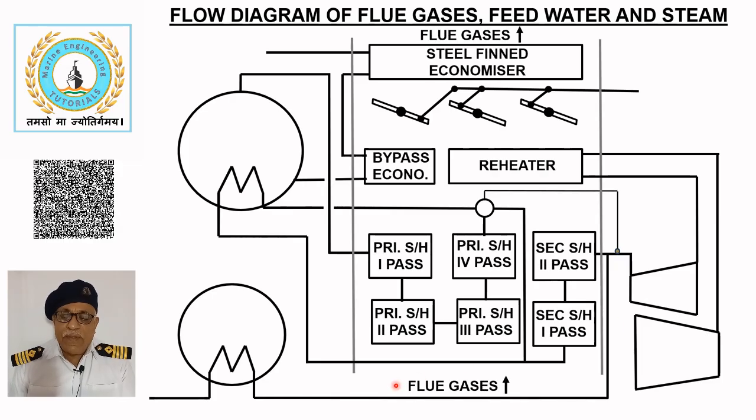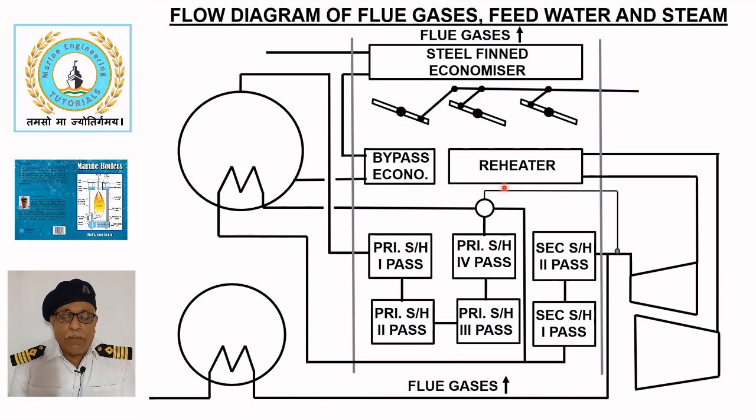Flue gases leaving the furnace pass over the monowalls and screen tubes and then transfer heat to the steam in the superheaters and reheaters and to the water in the bypass economizer and steel fin economizer as explained here.